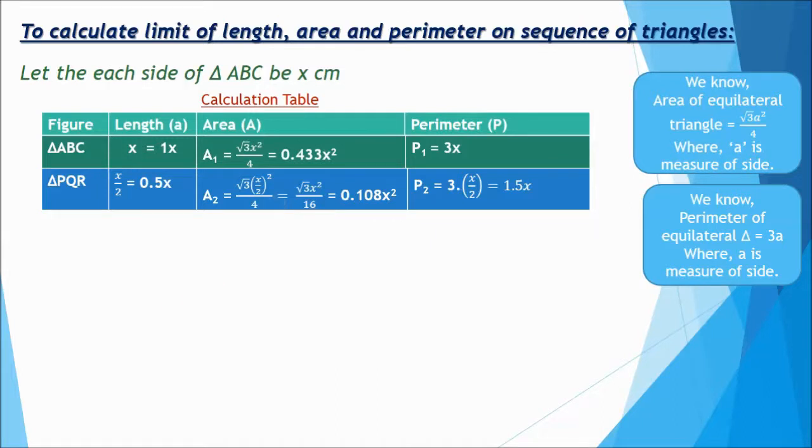Let's draw a triangle. Now this is x, and all three sides are x. Now we have drawn a triangle by taking the midpoints. Now this is x, isn't it?